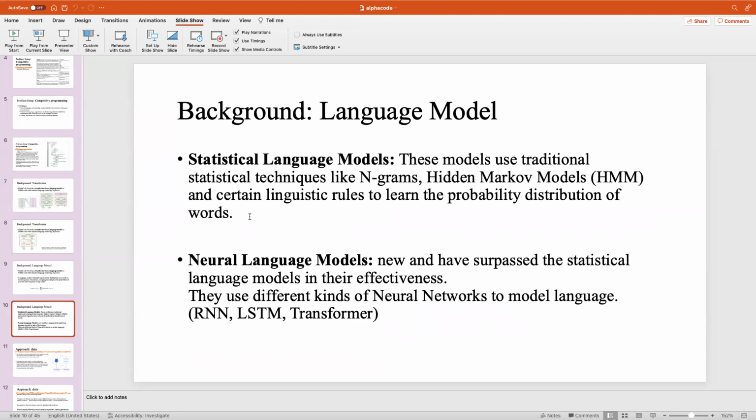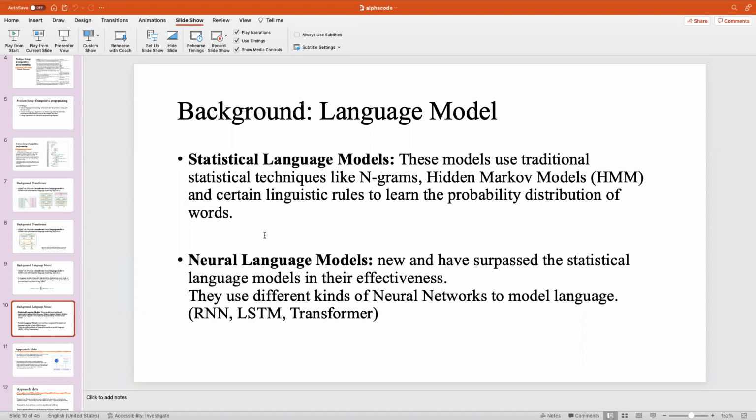And generally speaking, language models could be categorized into statistical language models and, more recently, neural language models. The statistical models are usually traditional statistical n-gram models, also maybe HMM models, and these n-gram models use certain linguistic rules to mimic the probability distribution of words in human language.